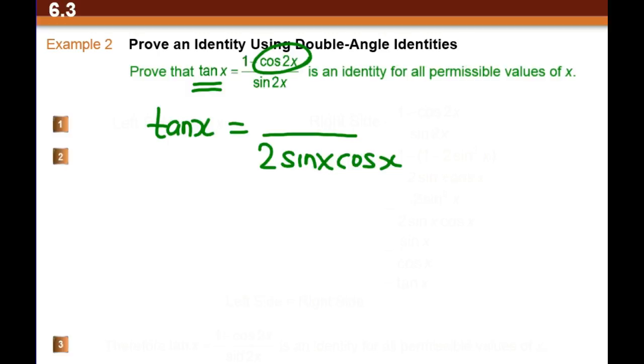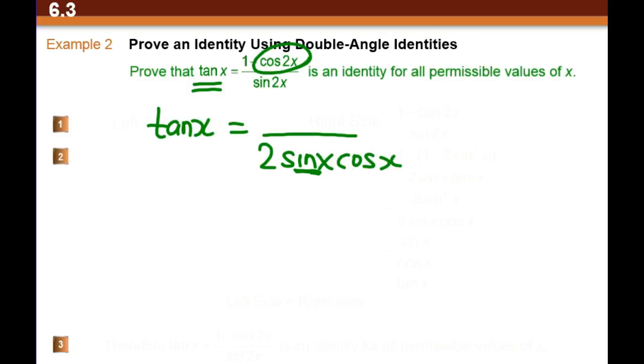Oh, did I say it backwards? Sine over cos? Oh, okay. So here we go. Don't go with that theory. Since tan is sine over cos, we want to try to get rid of the sine in the bottom because we need a cos. So which one of those cos 2x ones has just sine in it?